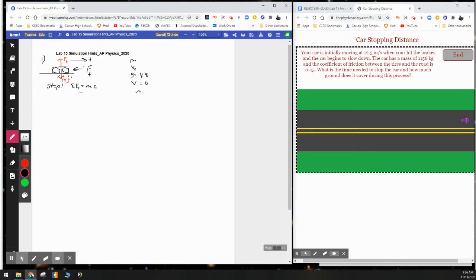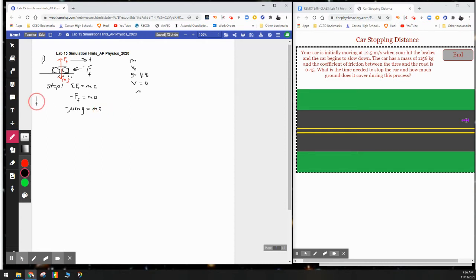Let's go back to black here. Sum of the forces equals ma, and the only force acting is friction, but it's got to be negative, so we'll make sure we put a negative sign there because this is opposing motion. So negative mu mg is equal to ma.